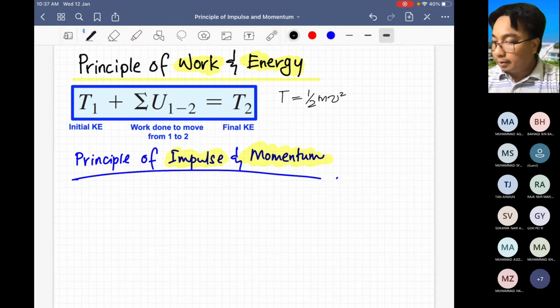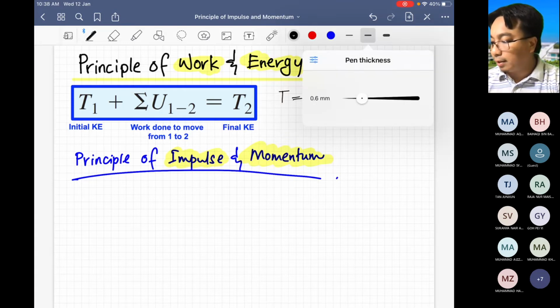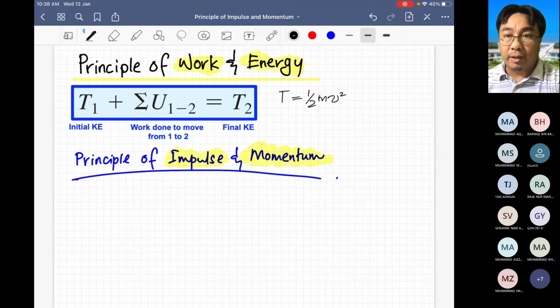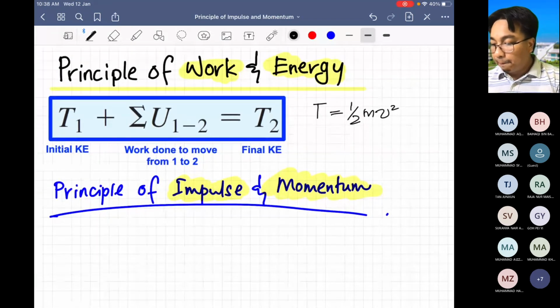Who can tell me how do you calculate momentum? Before, with work and energy, we calculated kinetic energy. Kinetic energy uses the symbol T, 1 over 2 mv square. Now the principle of impulse and momentum also has two components: an impulse component and a momentum component. So how do we calculate the momentum?